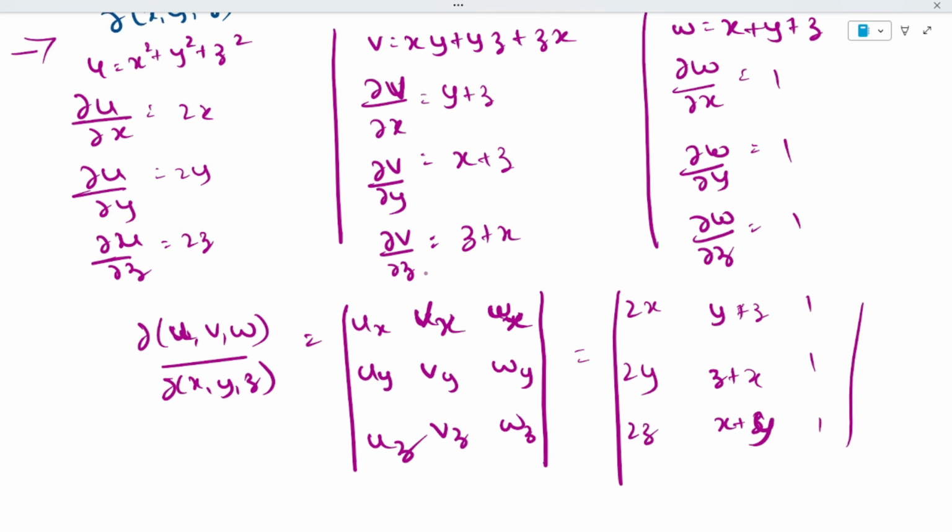V with respect to z is z. V with respect to z, right? Y plus z. Yeah, sorry, y plus z. Okay, y plus x. Here it is with respect to z, right? It is y plus x.